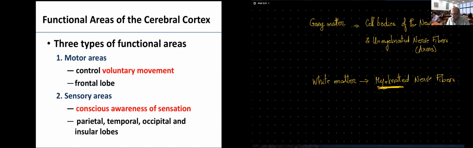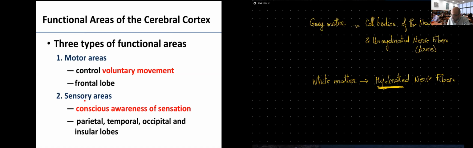Sensory areas are responsible for conscious awareness of sensation. I can feel, I can hear, I can see. I am aware of the presence of the stimulus and I can detect it.